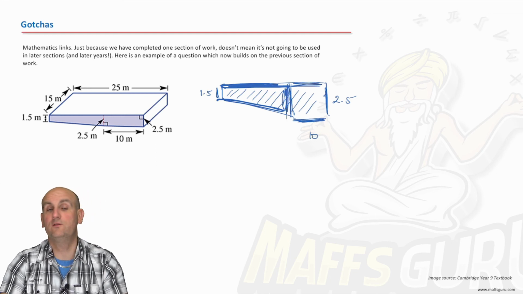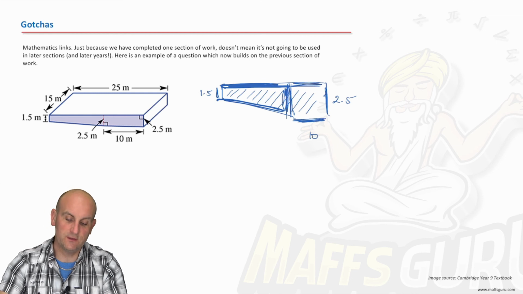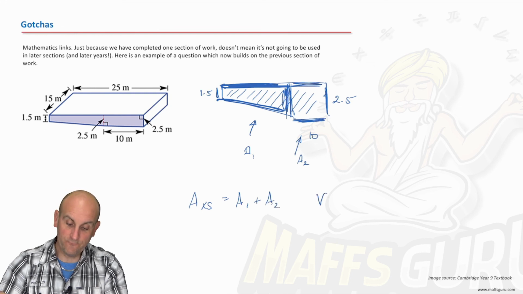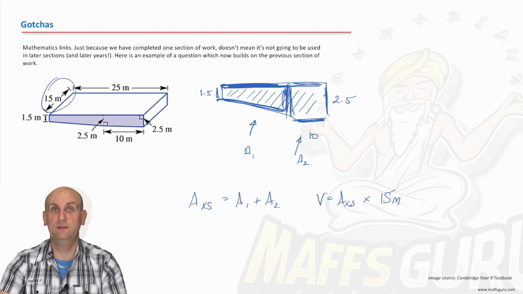And so as far as I'm concerned, you have everything you need to find the two areas. So you'd find that area, call it area 1. You'd find that area, call it area 2, and you would know that your area of cross-section is area 1 plus area 2, and then your volume would be area of cross-section times how far back it goes, which in that situation is 15 meters.